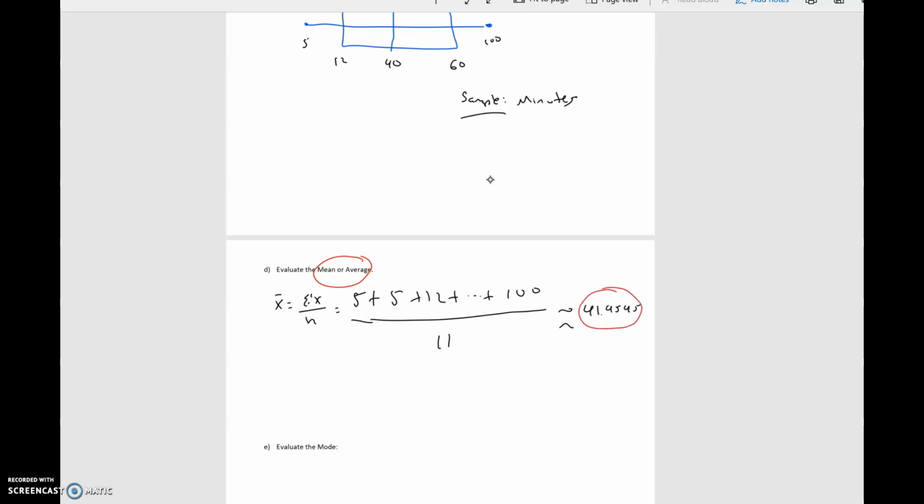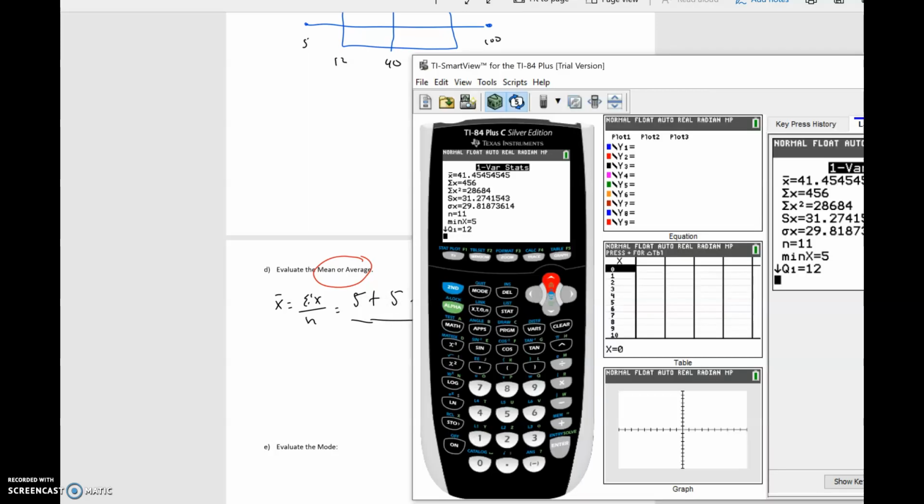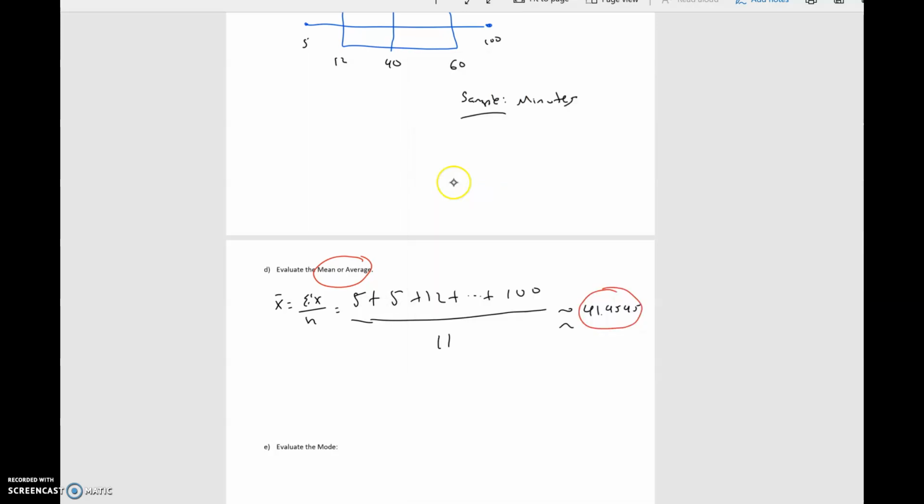And that's pretty much it for the mean. You don't have to calculate all of this sum. The one variable stats already gives you that output.